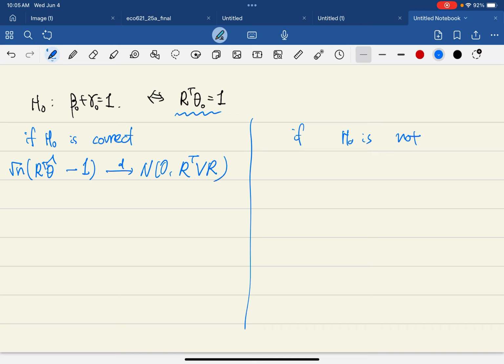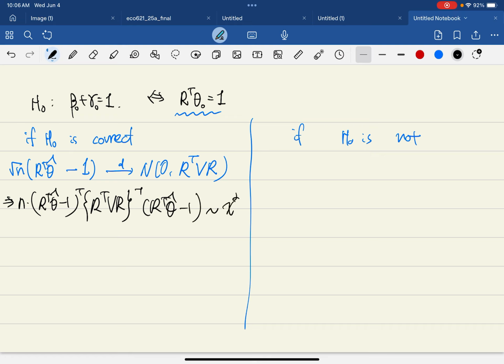So that means from here the quadratic form, r transpose theta hat minus 1, times n times r transpose V r inverse, times r transpose theta hat minus 1, follows chi-square with degrees of freedom equal to its rank, which is 1.